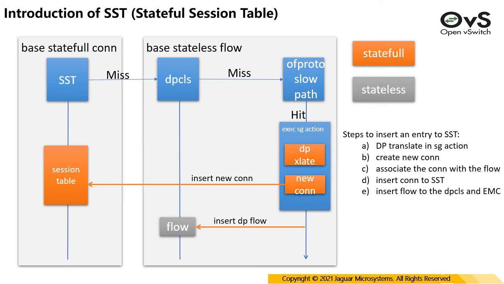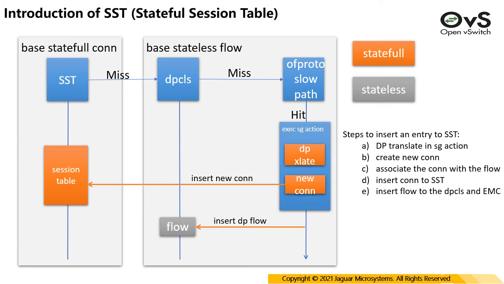And now I will explain how an SST entry is created and maintained. When dealing with a newly received packet, it will upcall to the slow path, traverse each table, and generate a new datapath flow rule. The actions on the action list will be executed. When dealing with the SG action, it will first do a datapath translation based on the connection status, to figure out whether the packet can be forwarded or not.